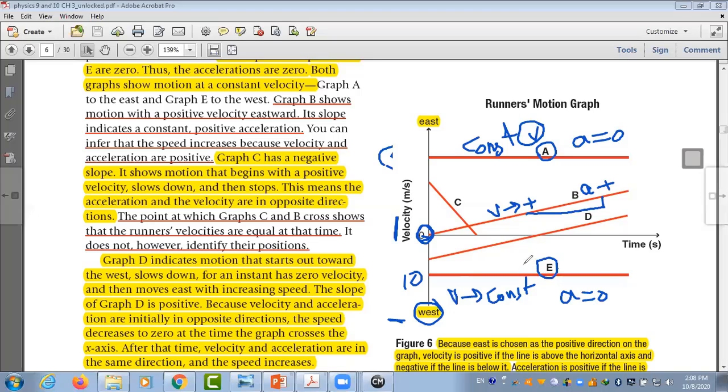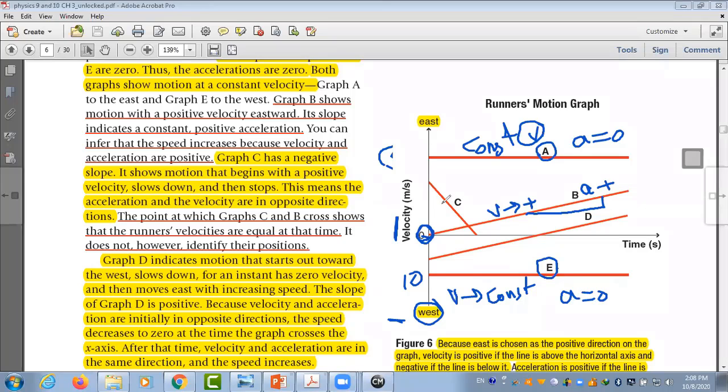Line C is the deceleration. Now, we said we will not say decelerating. Forget this word. It's negative. We don't have this word in our curriculum. If you use this word, it will be wrong. So it's negative. Yes, excellent.